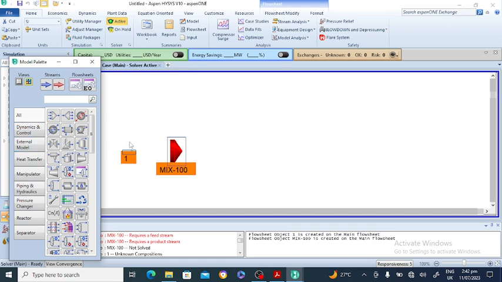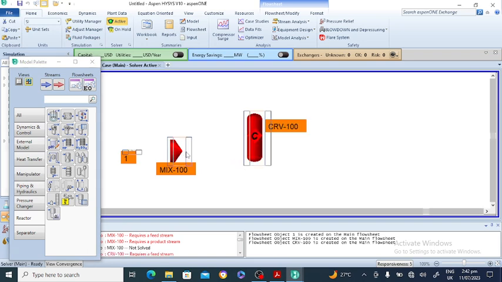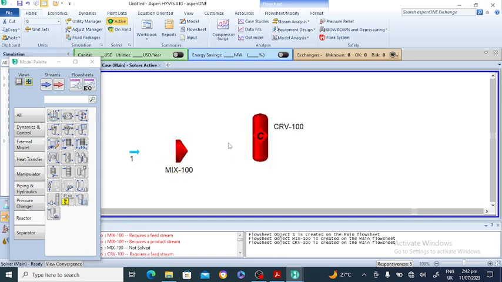There is 90% conversion of ethylene, so we will use a conversion reactor because we have information about the conversion of the reactant. Select, drag and drop the conversion reactor. After that we will go to a separator to separate the ethyl chloride from the unwanted nitrogen, ethylene and other components.